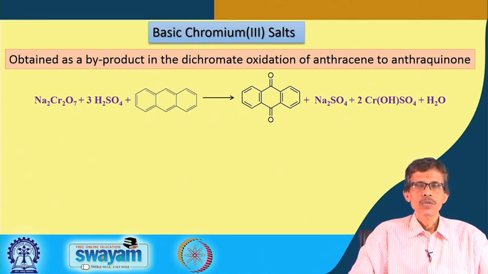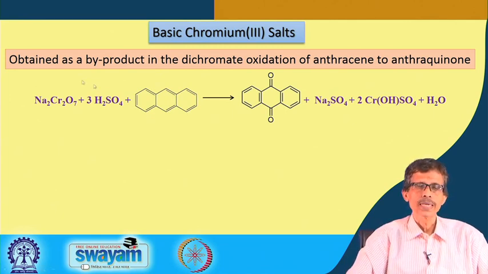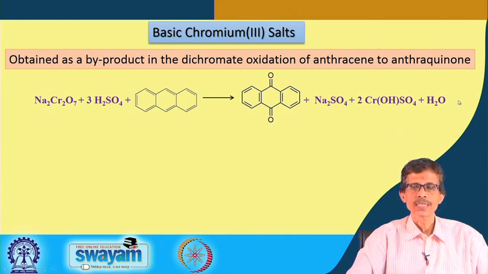On the right hand side, what we get is the corresponding anthraquinone. Sodium sulphate forms because of the sodium, and the sulphate comes from the sulfuric acid. The two chromium centers present in Na2Cr2O7 were hexavalent and will be reduced to chromium 3.